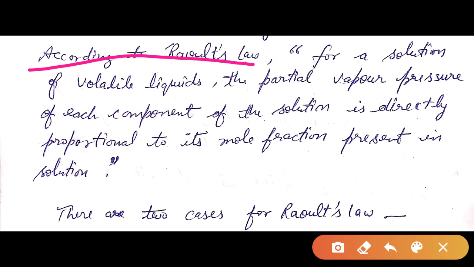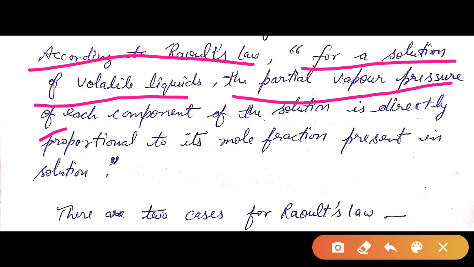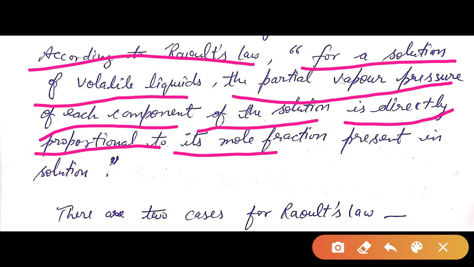According to Raoult's law, for a solution of volatile liquids, the partial vapor pressure of each component is directly proportional to its mole fraction present in the solution. Here, in the binary solution, there are the components A and B, only a two component system. The first one is the solvent and the second is the solute.